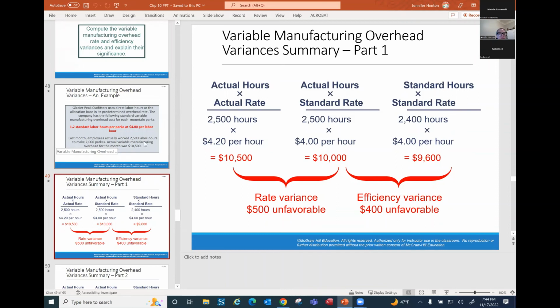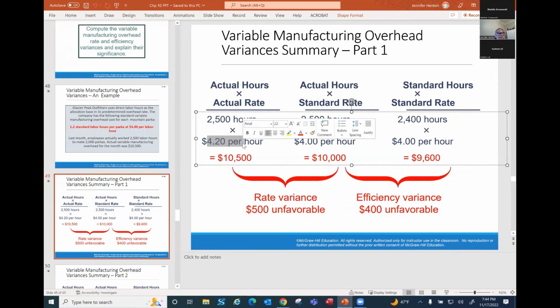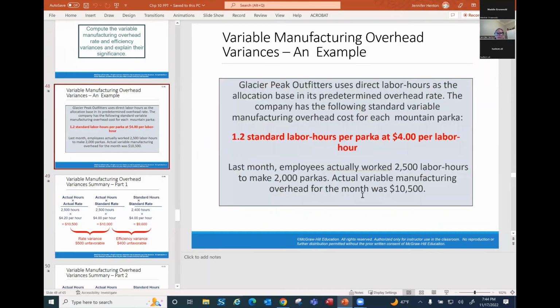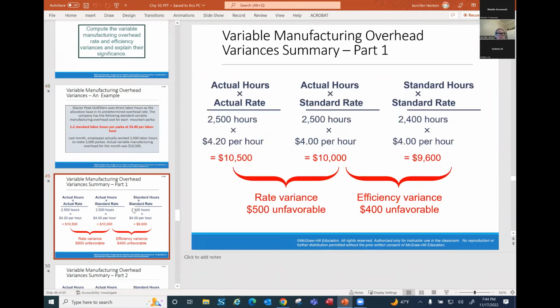We had 2,500 labor hours to make 2,000 parkas, and the variable manufacturing overhead was 10,500. So we take the total of 10,500 divided by the 2,500 labor hours, and that gives me my 4.2.